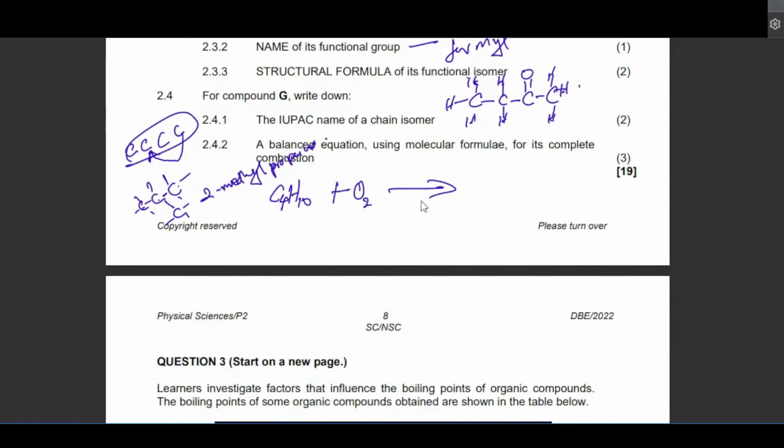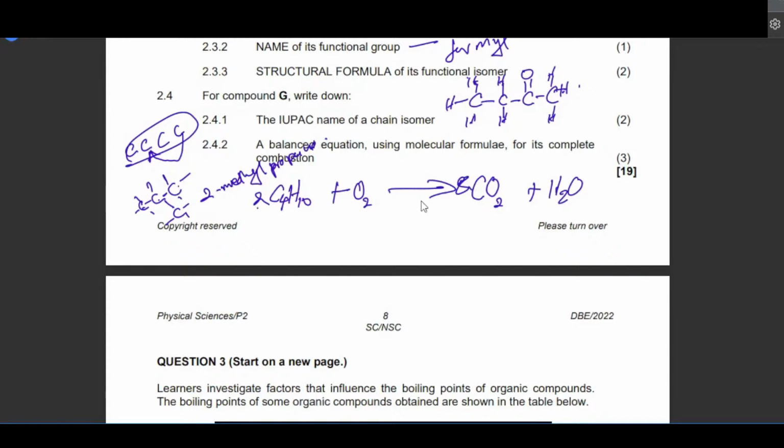Always the product is the same when you do combustion with hydrocarbons: carbon dioxide plus water. So now you need to balance. If I put a 2 here, this is 8, because 2 times 4 is 8.